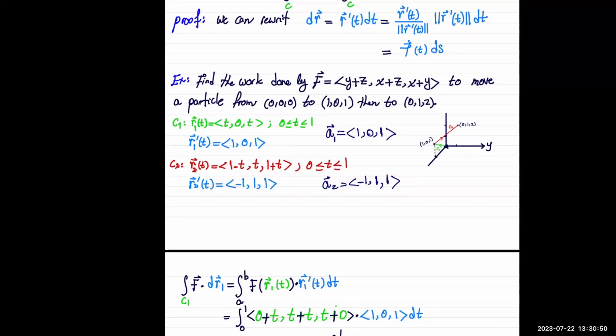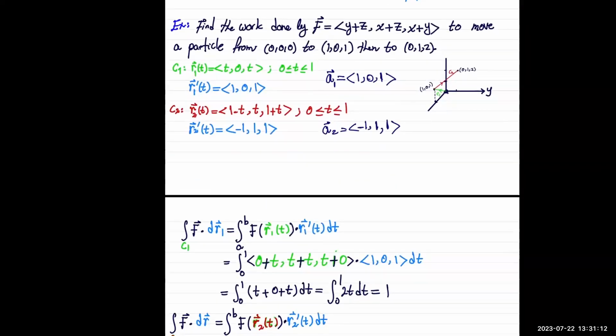Okay, so now we are ready to calculate the line integral. It is a very simple process. The integrals are typically polynomial integrals. You just have to carefully substitute r into the vector field.